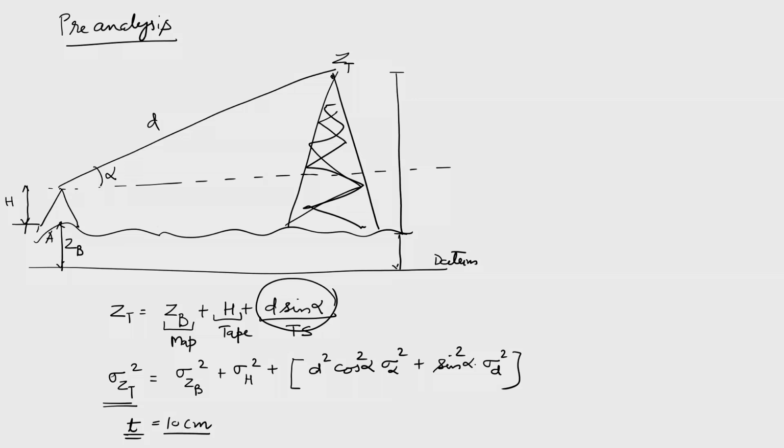So what will you do now? Sigma ZT, you can calculate it, 3 times sigma ZT should be less than or equal to the tolerance, which is given by the client.